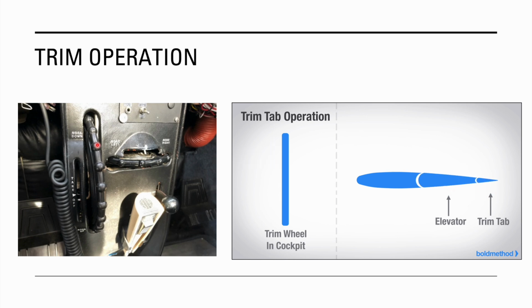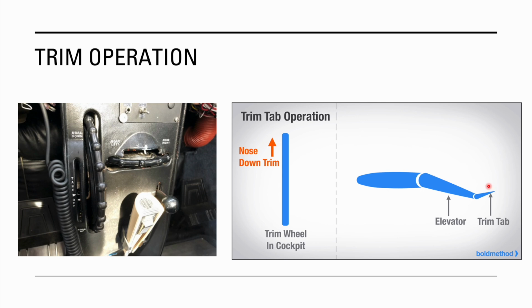And so you'd rotate it in the direction of this label, and that would deflect your elevator trim tab like that. So the trim tab deflects upward like that, and as the airflow hits that, it pushes the elevator down, which then raises the tail and pushes the nose down.